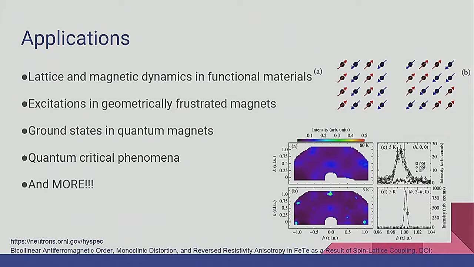The figure A there is at 8 degrees Kelvin. You can look at the inelastic scattering, Bragg peaks, and then compare that to maybe a low temperature scale, for example, figure B on the bottom there at 5K.